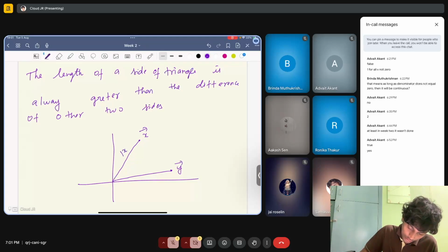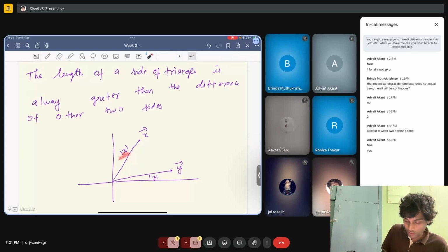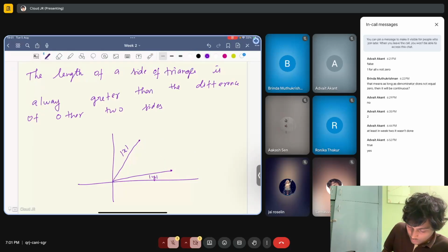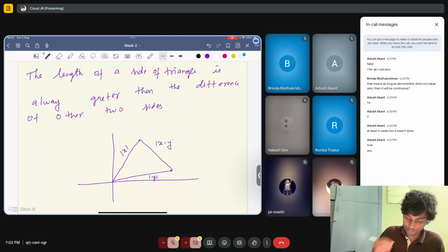The length of this vector is modulus of x, and the length of this vector is modulus of y. So what is this side? This side has the length modulus of x minus y, right?